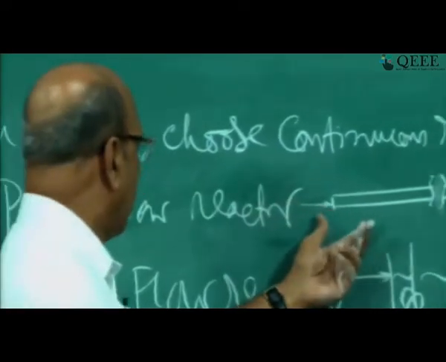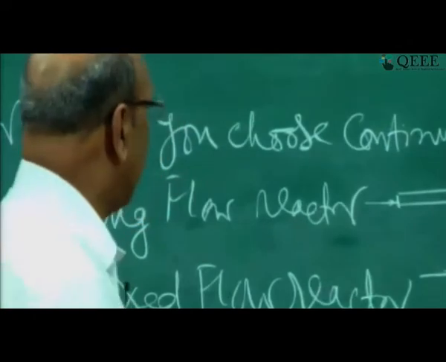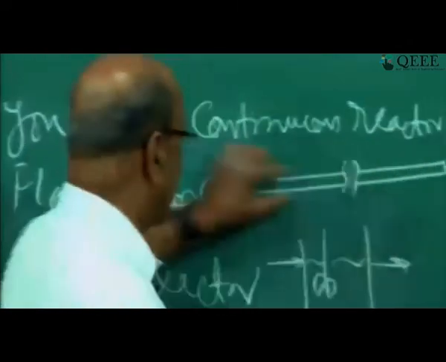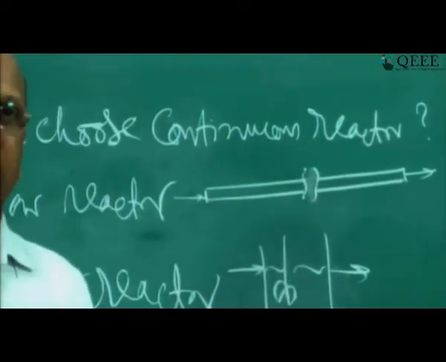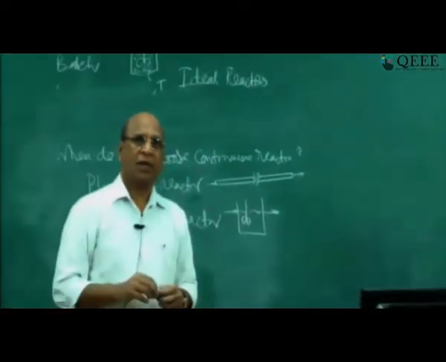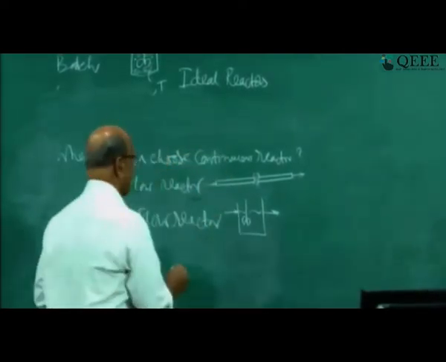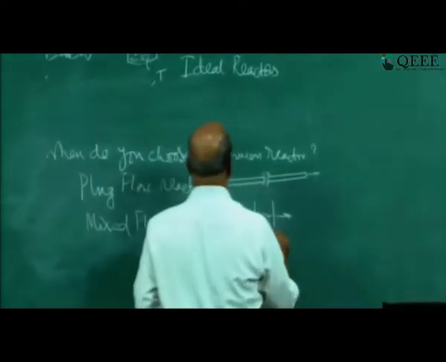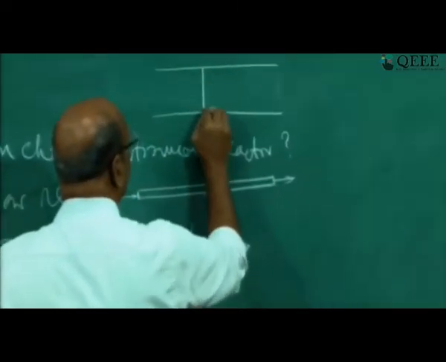So now, when you want to say plug flow, the material is moving inside this reactor like a plug, like a piston. Like a piston in the cylinder, the piston moves like this. I will just draw it here. The piston is like this.